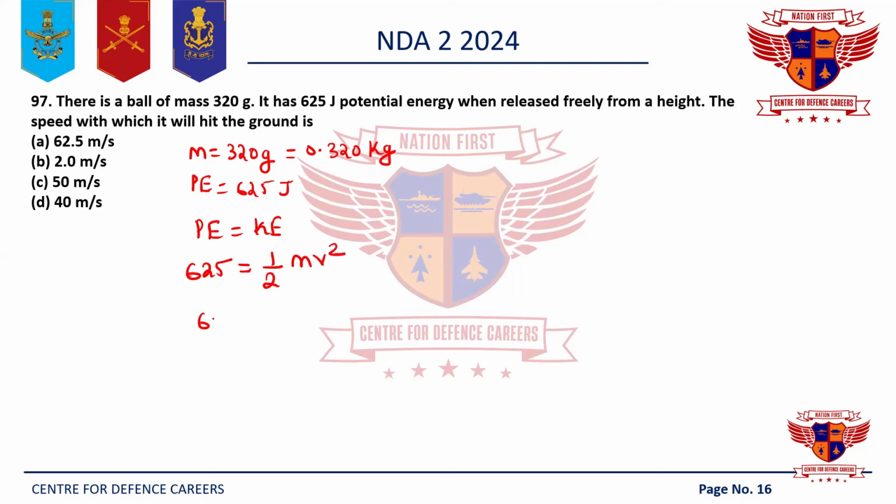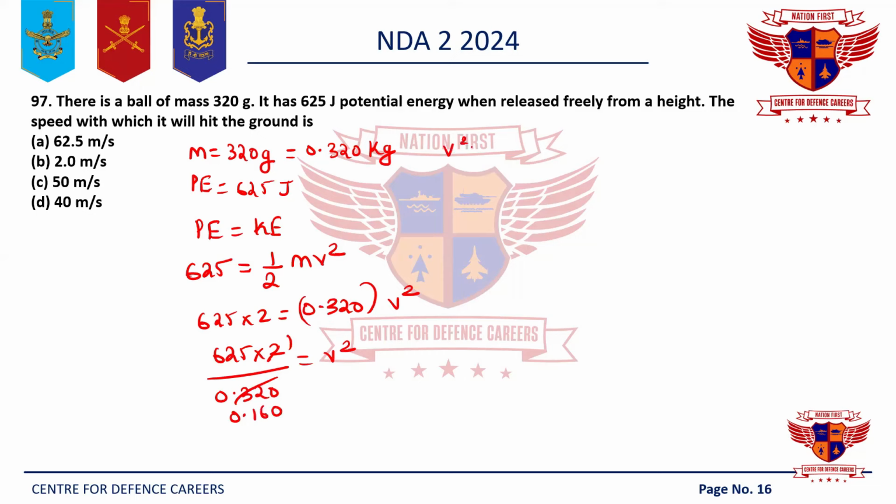So we get 625 into 2, mass is 0.320 and velocity is v square. So we can write 625 into 2 divided by 0.320 will be equal to v square. So this will be 0.160.